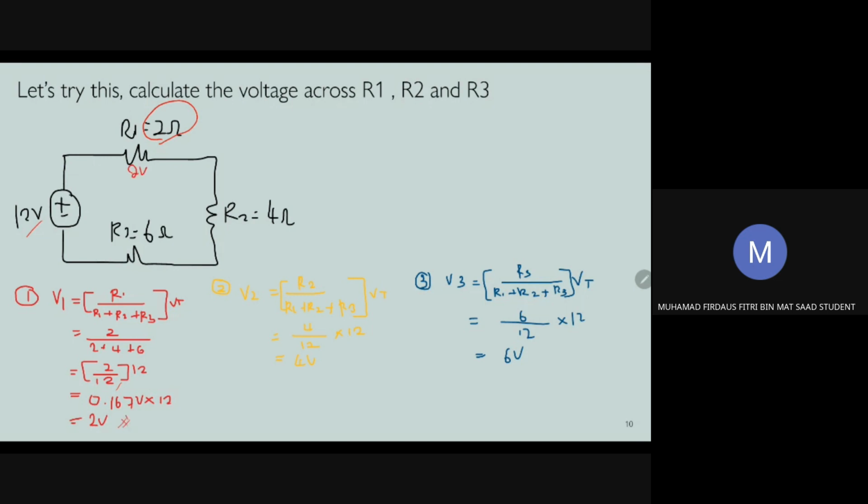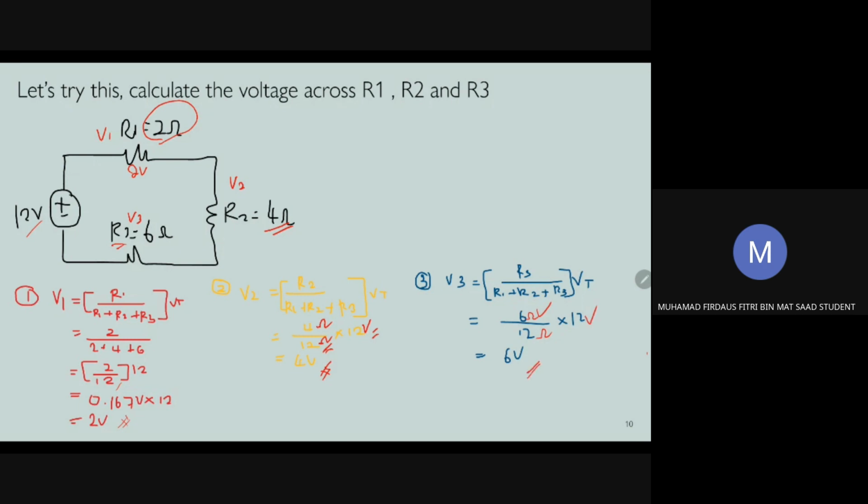2 volt. For the voltage across V2, V2 is equal to R2, so use 4 ohm divided by the total resistance of 12 ohm times 12 volt.